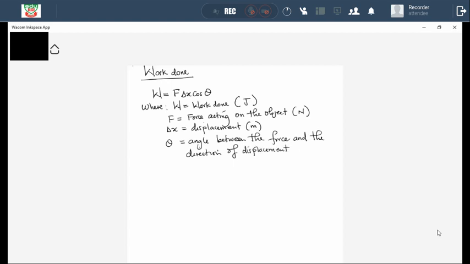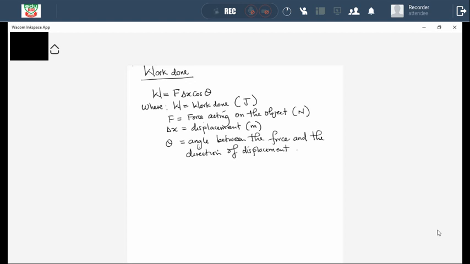You will appreciate theta better as we do more examples. That's when you are going to see how we determine theta. So this is the formula that we are going to use to calculate work done.